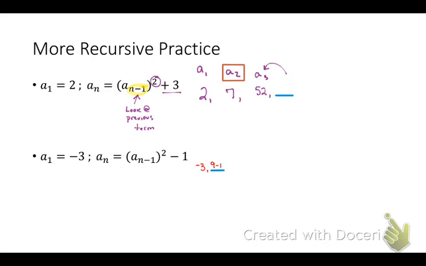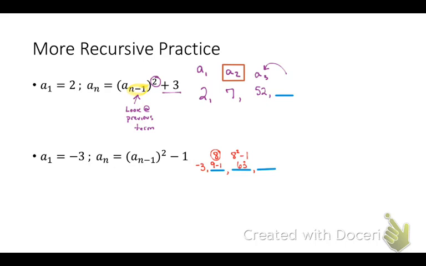So it's 9 minus 1, which is 8. To find the term after that, I'm going to have to square 8 and then subtract 1 from that. So 64 minus 1 gives me 63. If I needed to find the next term, I would take the 63, square it, and subtract 1, and I would get a really large number.